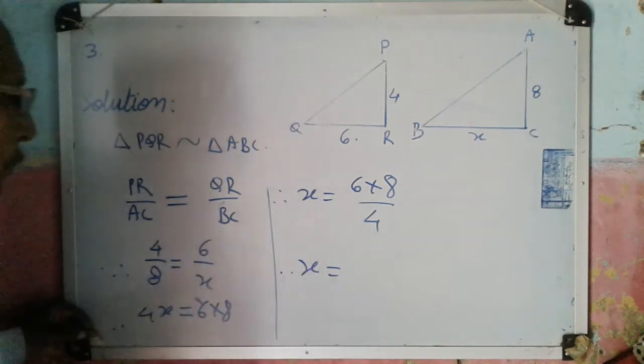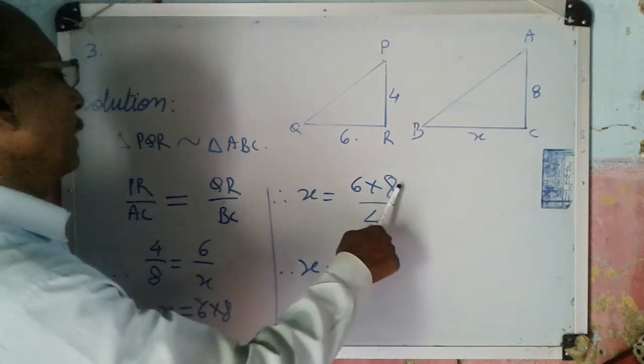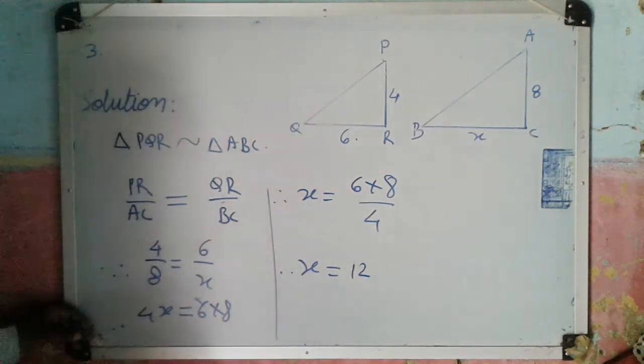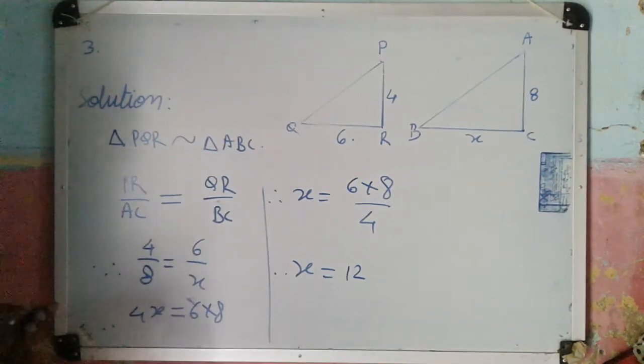By simplifying, 4 twos are 8 and 6 twos are 12. So the length of the shadow of the bigger pole is 12 meters.